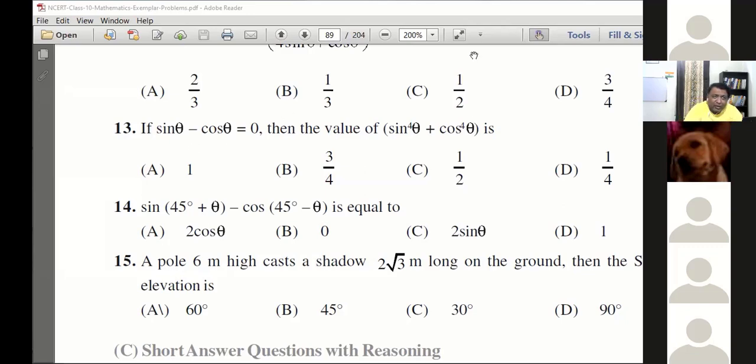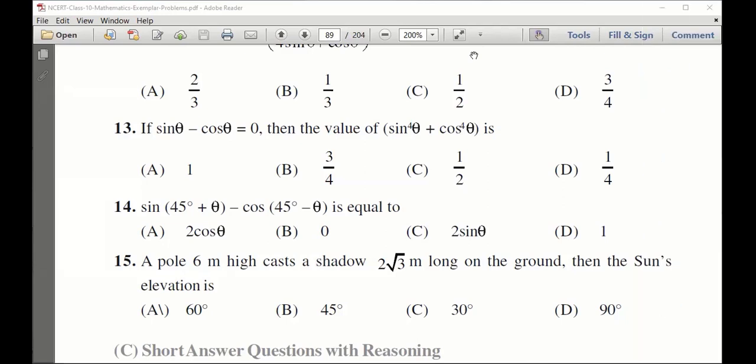Very easy question. I'll tell you another aspect of solving this kind of question. I'll explain. See guys, listen very carefully.